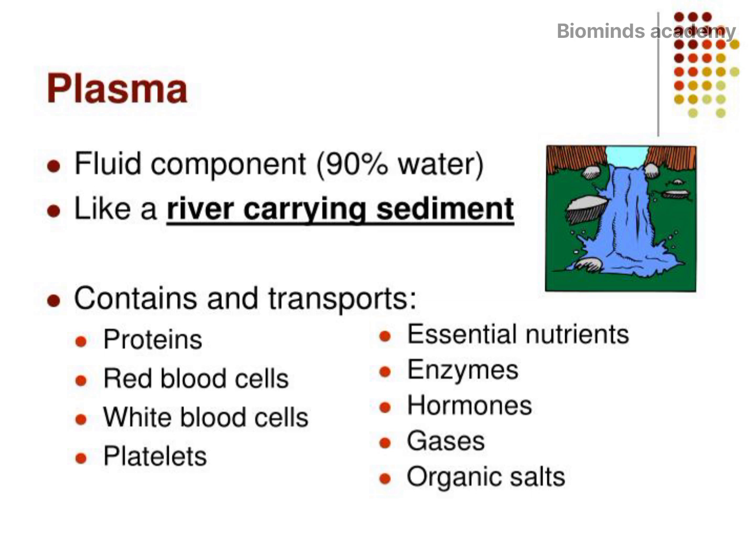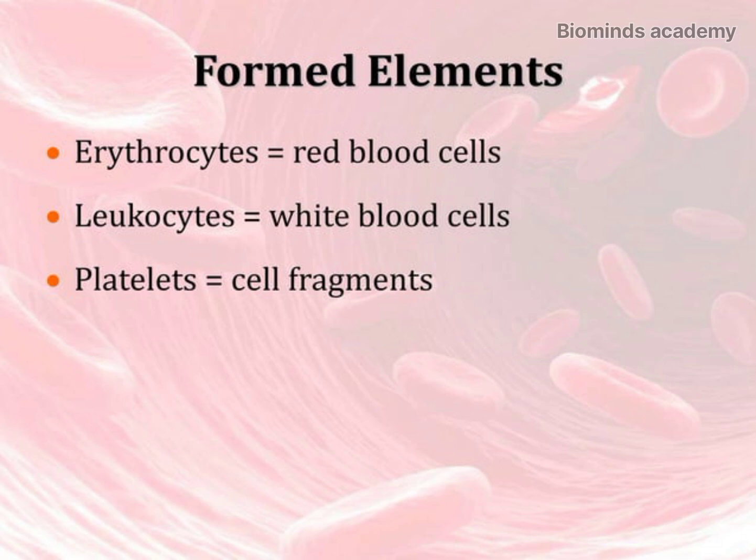Like a river carrying sediment, plasma transports proteins, red blood cells, white blood cells and platelets, and also the essential nutrients, enzymes, hormones, gases and organic salts.